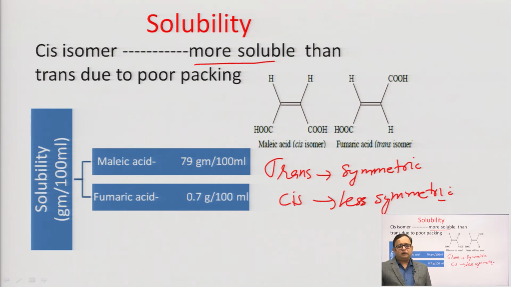Solubility generally we represent in gram per 100 ml. Maleic acid is having solubility 79 gram per 100 ml and fumaric acid is having solubility 0.7 gram per 100 ml. So, this example is enough to explain that cis isomers are more soluble as compared to the trans isomers.